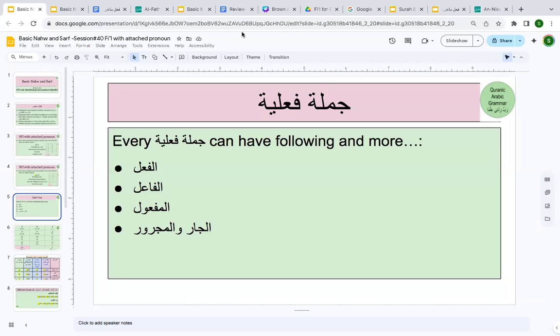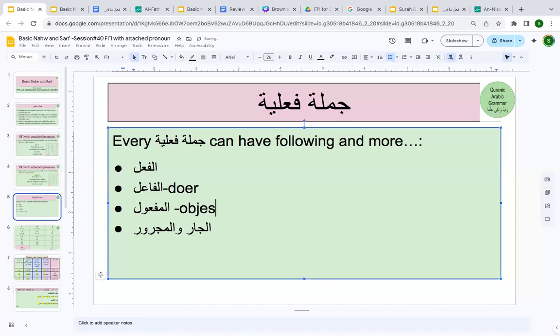In that sentence, you will have a fail. What is the meaning of fail? Can somebody translate fail? Doer. Then you will have maf'ul, which is object or receiver of an action, or it is going to be a detail of an action, right? It can also have a fragment, which is jar wal majroor.